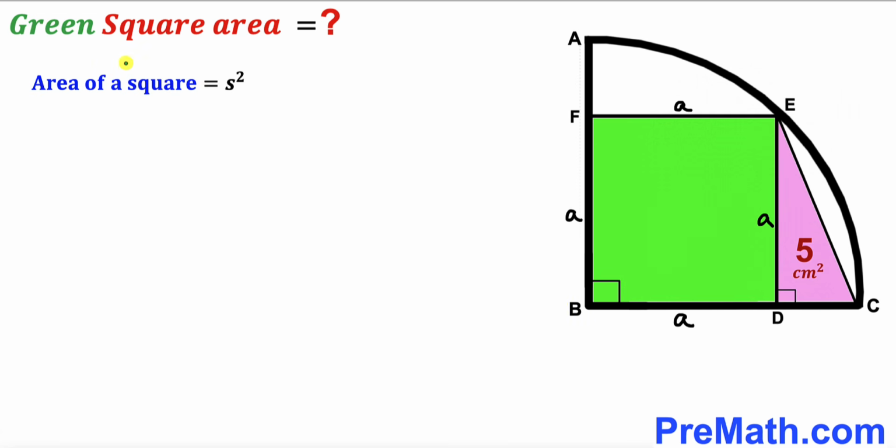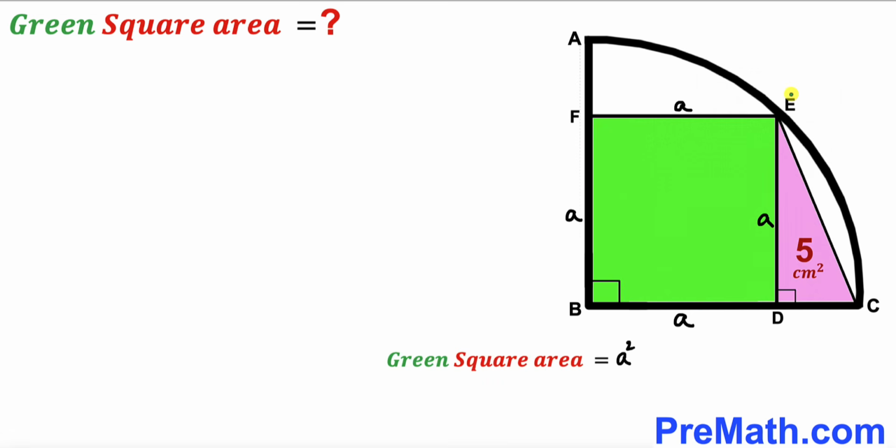Let's recall the area of a square formula: area is equal to s squared, where s represents the side length of the square. In our case, the side length is lowercase a, so the green shaded square area is going to be equal to a squared. Our task is to find the value of a squared.